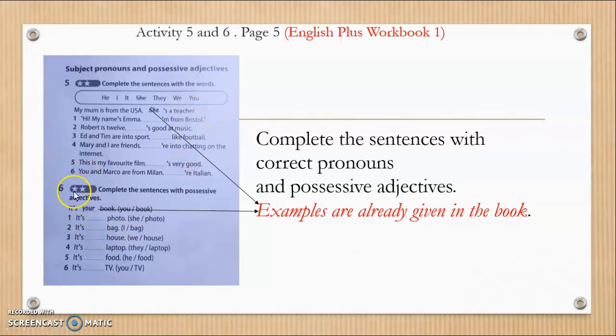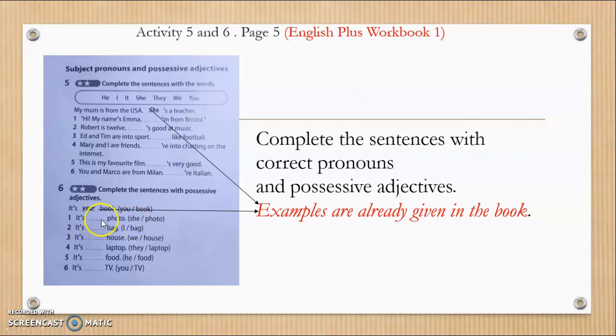Next, possessive adjective. It's your book. So number 1, we got she.